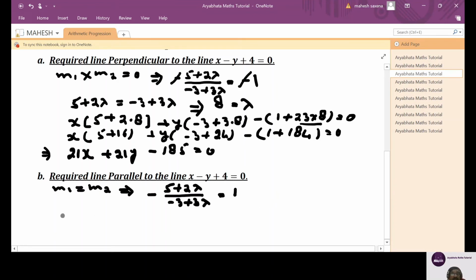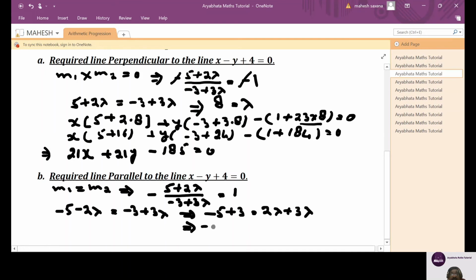Therefore, by cross multiplying, we get −5 − 2λ = −3 + 3λ, which implies −5 + 3 = 2λ + 3λ, so −2 = 5λ, which implies λ = −2/5.